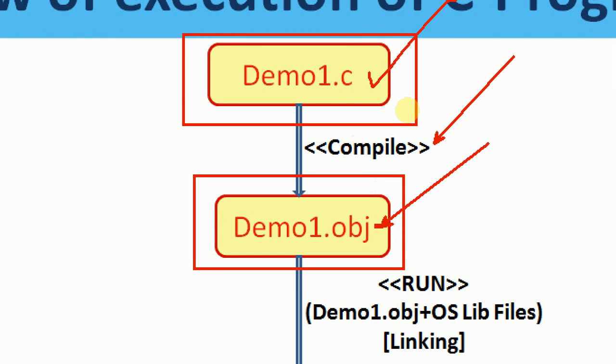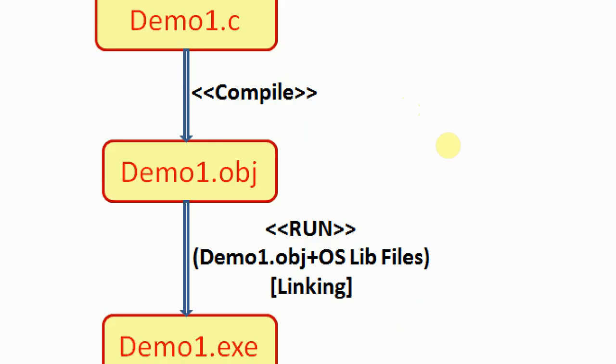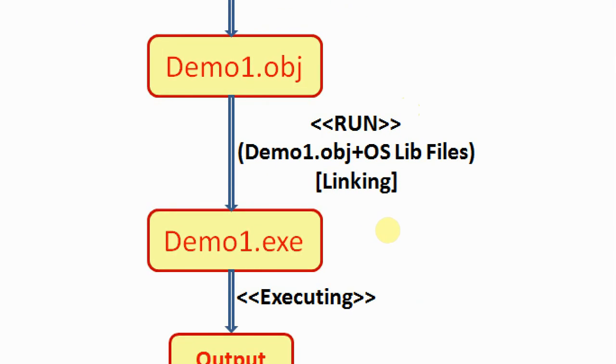Right, and this object code is understood only by the operating system on which you are compiling the program. My operating system is Windows 7, so this .obj code is understood only by the Windows 7 operating system, and internally this object code is linked with operating system libraries.